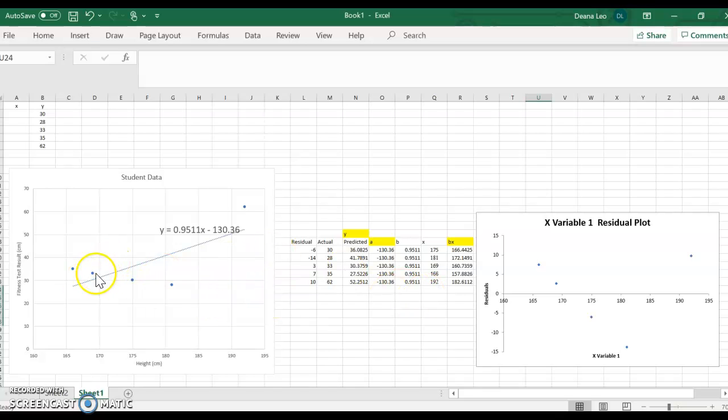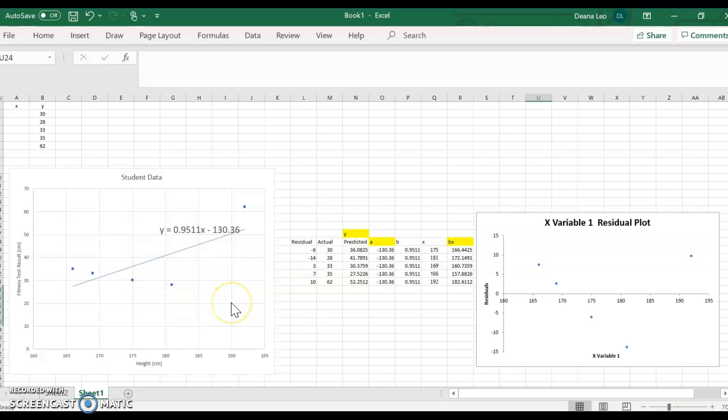This is evident in the residual plot where the person's dot is sitting on 3, which marries back to the scatter plot where their actual jump was 33 and their prediction was 30, hence demonstrating the 3 that sits over here on your residual.